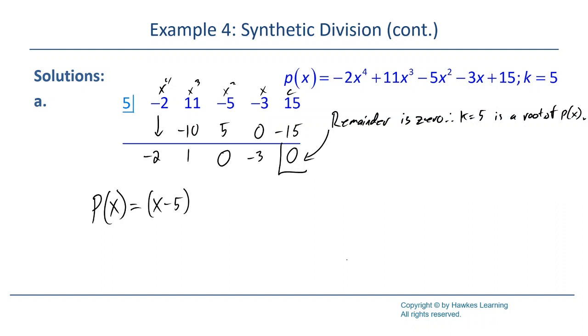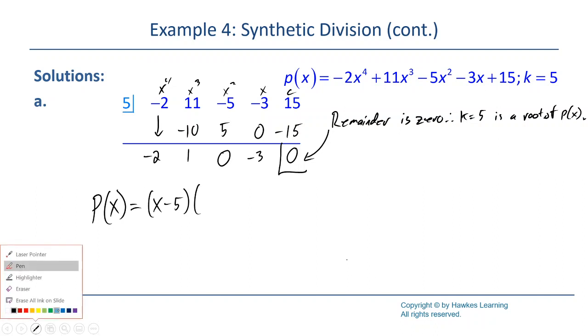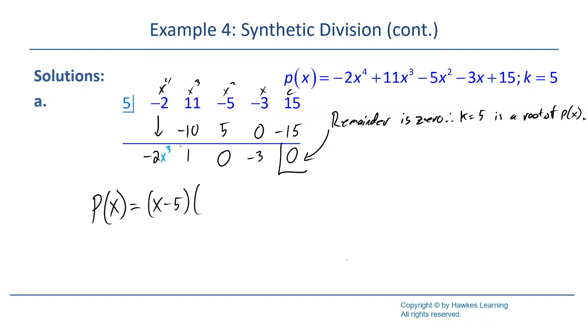And now when we construct our polynomial, remember we said that the degree decreases by 1. This was x to the 4th, so this is now x cubed. This is x cubed, so this is now x squared. This is x squared, this is now x. This was x, this is now our constant.